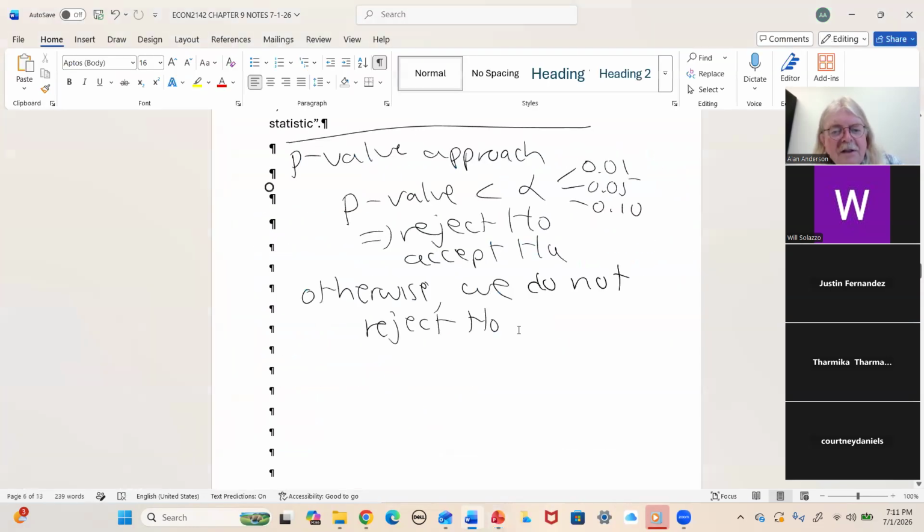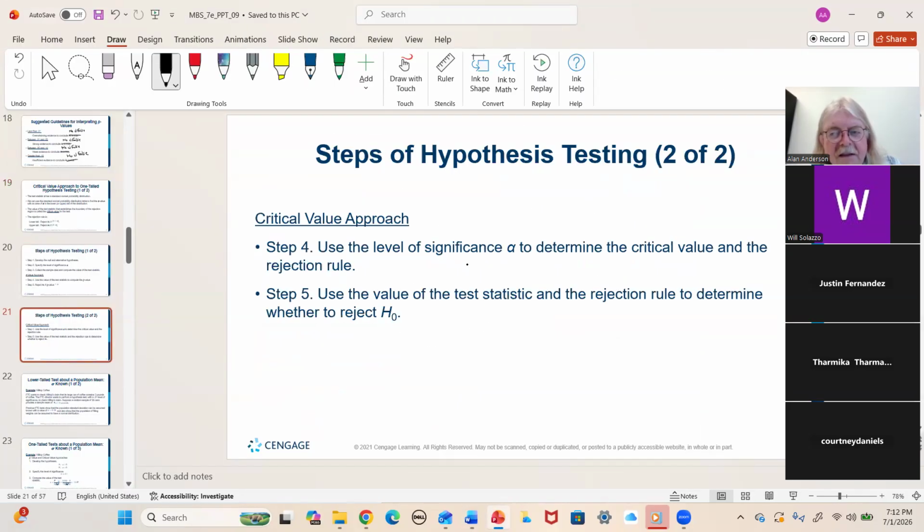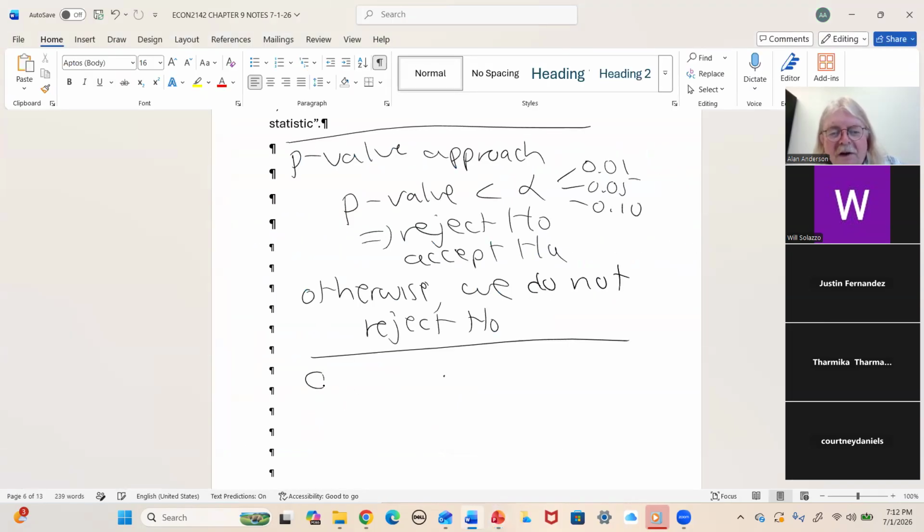But let's say we're not using the p-value. Instead, we're using the traditional classic test statistic critical value approach, although they're calling it the critical value approach. It's the same thing.